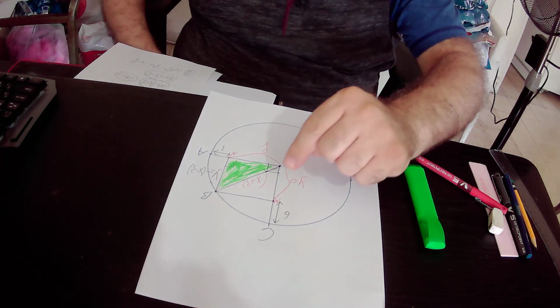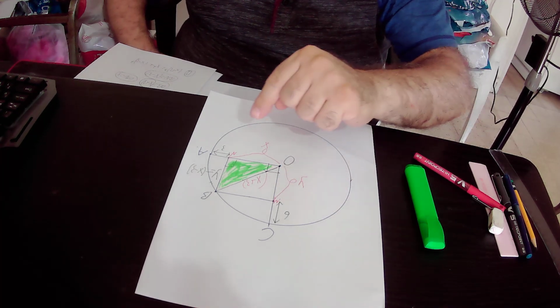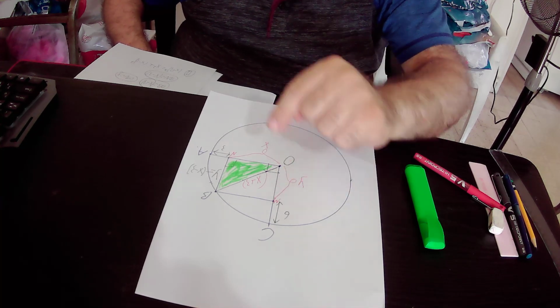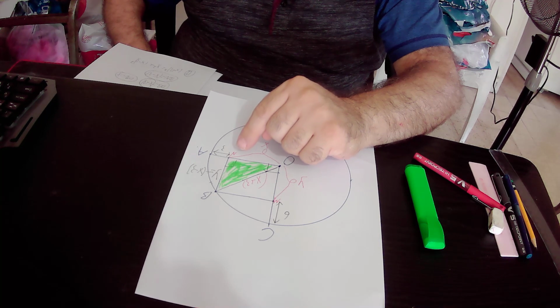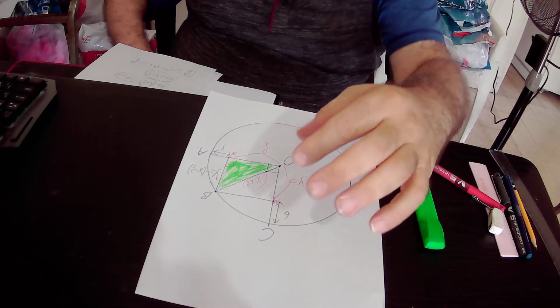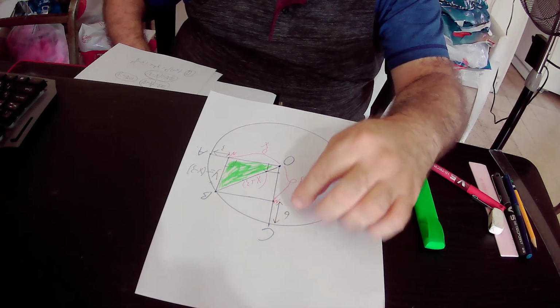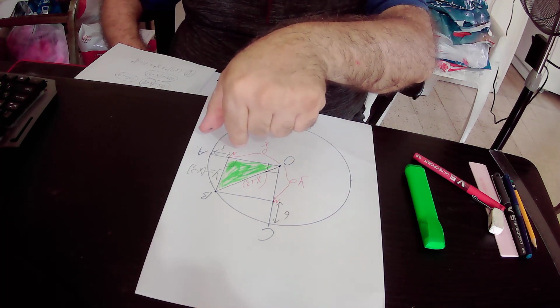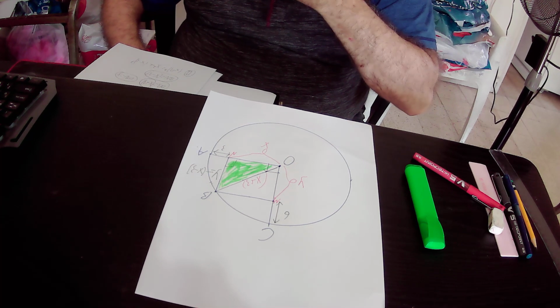We defined this point as M and this point as N. So line segment MC equals 6 units, and line segment AN equals 3 units.